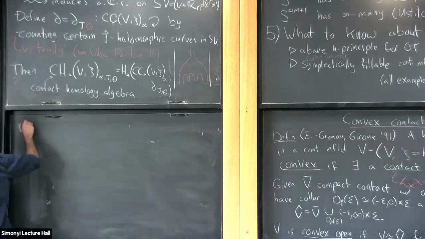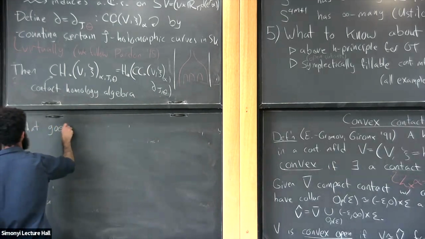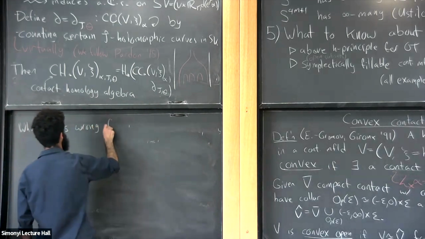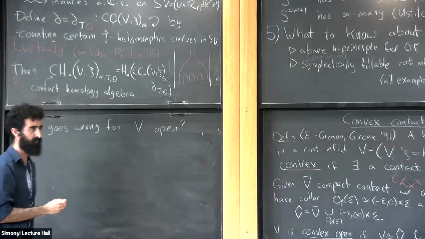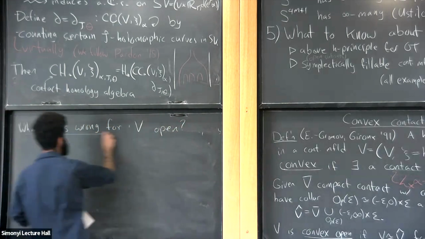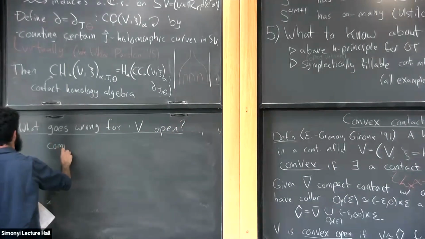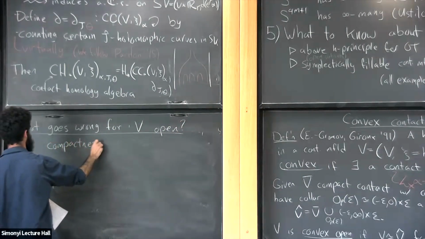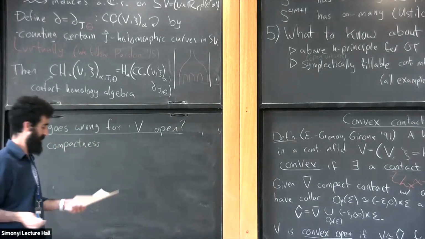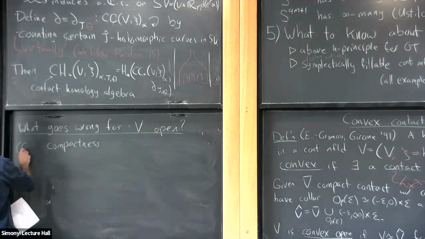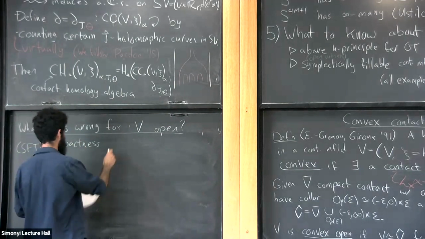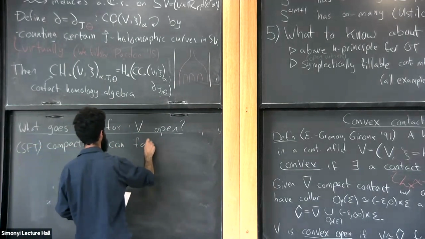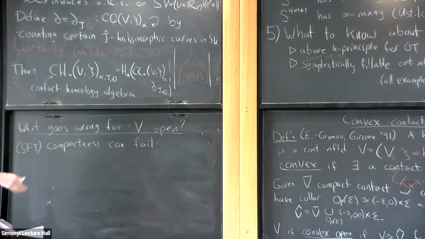Okay, so what goes wrong for the convex case? It's the relevant compactness results for the moduli spaces, the so-called SFT compactness theorem, which is a much more general thing. The problem is that holomorphic curves can run off to horizontal infinity.